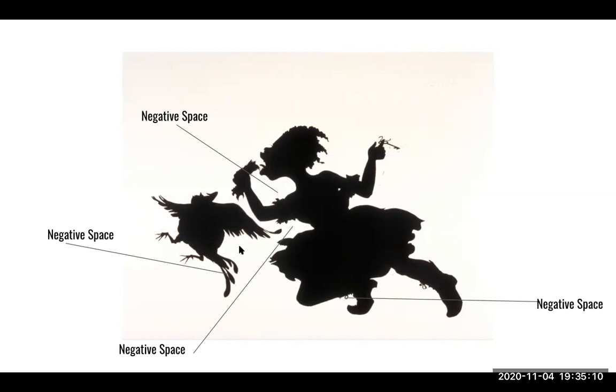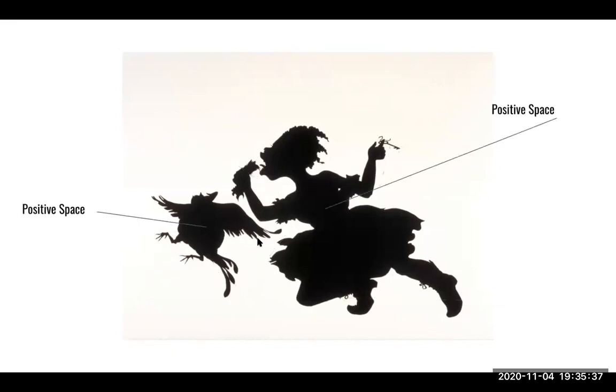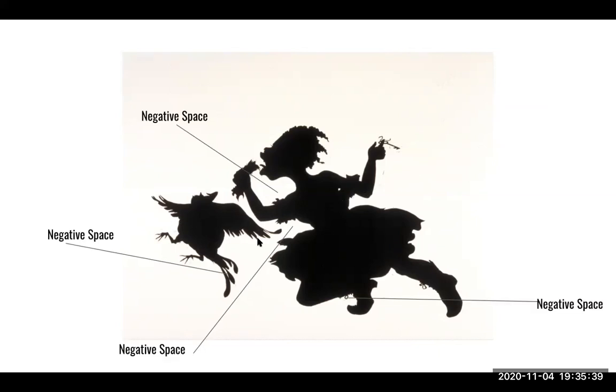This area here is just as refined and interesting and dynamic as the figure of the girl and the figure of the chicken. So that's always something to keep in mind. Even the way this feather cuts in this direction towards her waistline, it's very intelligent design to be so considerate of not just the positive space, your figures, but also the negative space.